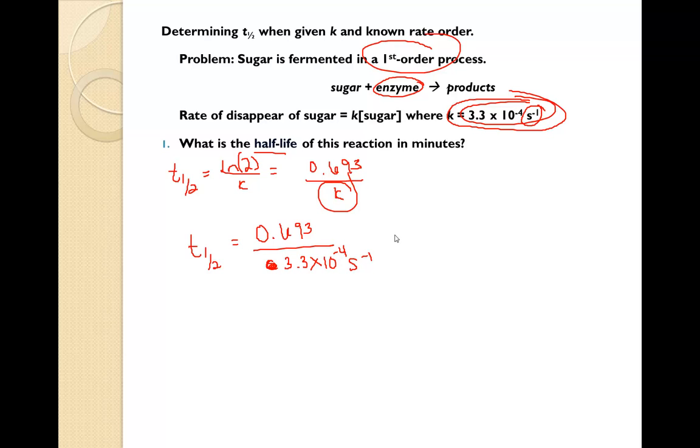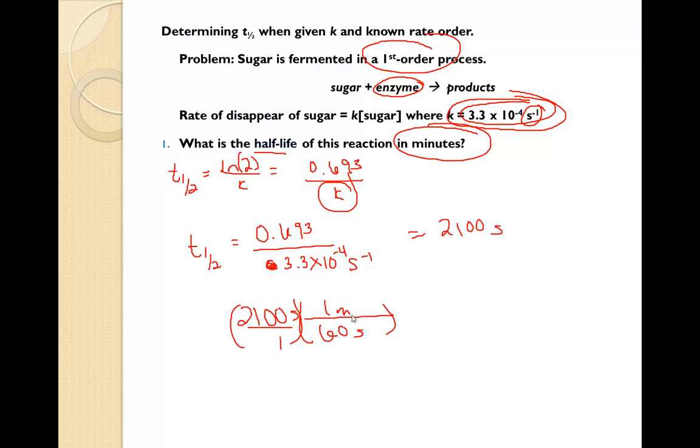Divide that out, and it comes out to be 2100 seconds. But the question was asking for the answer in minutes. Make sure you're answering the question that's being asked. So I'm going to convert this to minutes. There's 60 seconds in 1 minute. So I'm going to divide by 60, and that comes out to be 35 minutes.